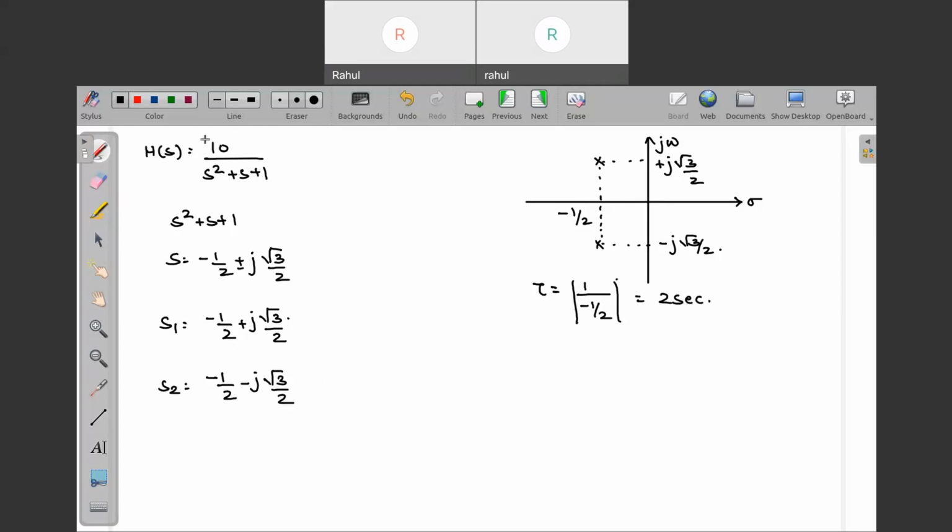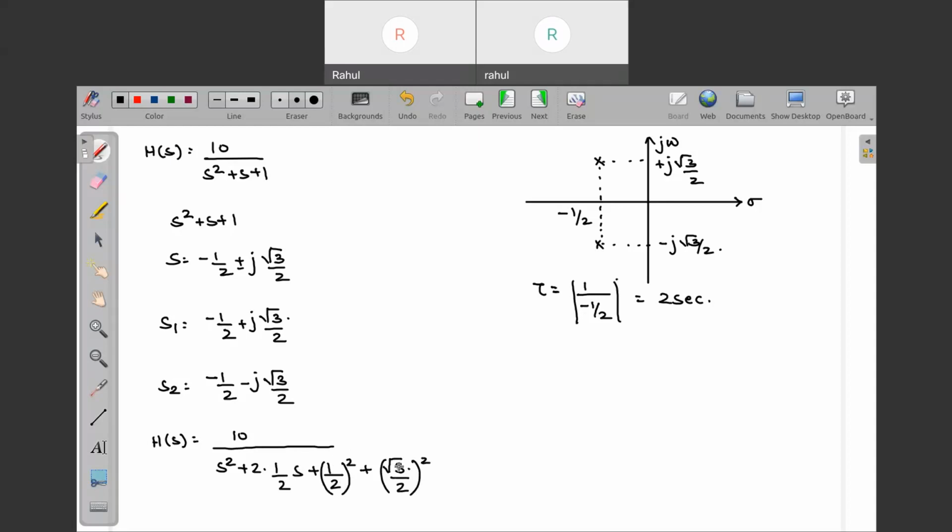Now can you guys do one thing? Can you take the inverse Laplace transform of this transfer function? See if this is okay or not. Look over here. Is this okay?